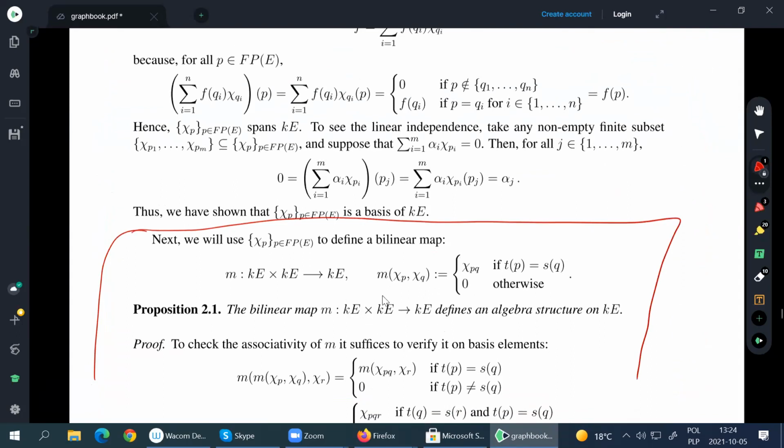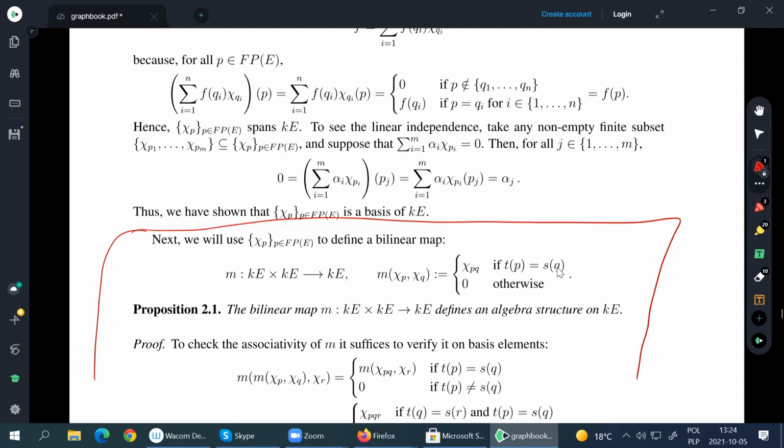And the definition is as follows. Here, everything is automatically well defined because I'm taking basis elements, okay? So I say that the pairing of chi p with chi q is chi pq, where pq is the path obtained by concatenation of p and q, which you can do provided that the end of p is the beginning of q, right?